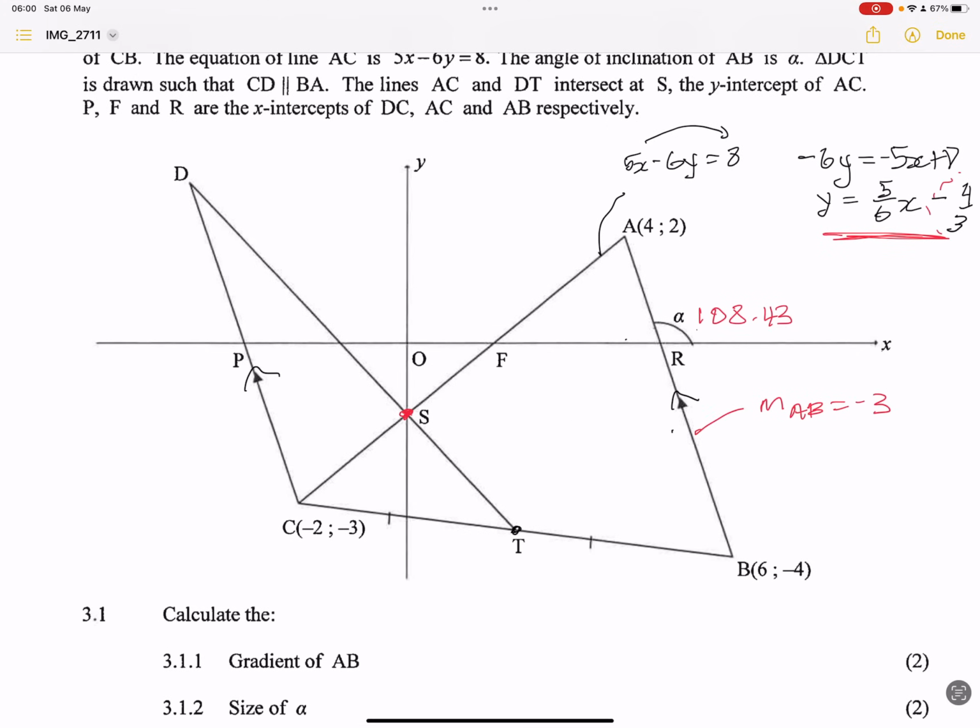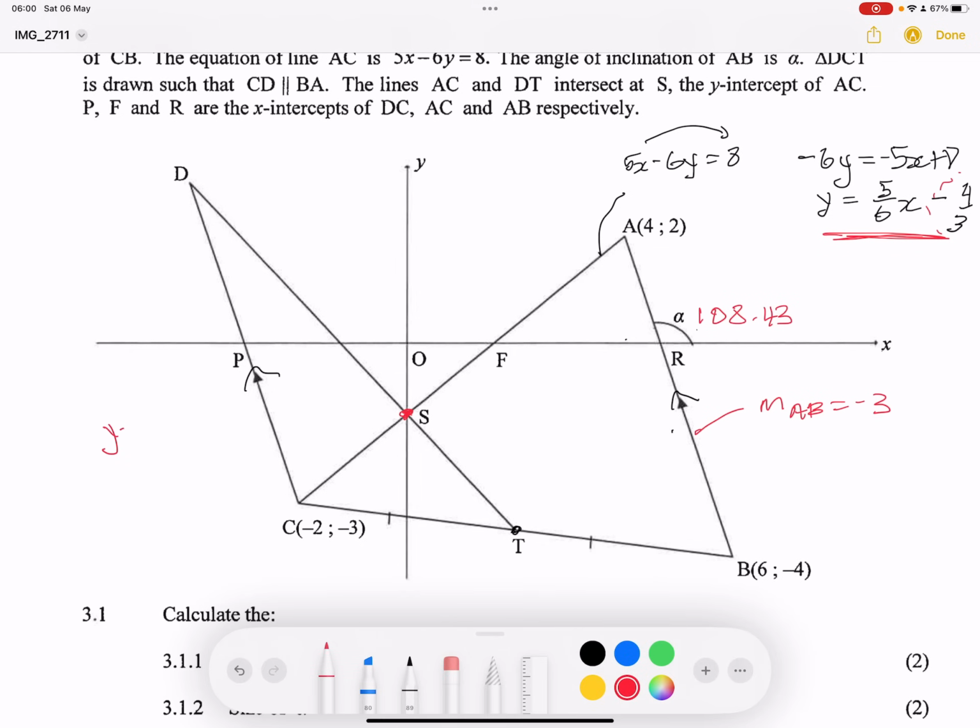We already know that it is parallel to AB. So we can already tell that the equation should be negative 3x plus c. All we're going to do is, we know it passes through the point negative 2 and negative 3.